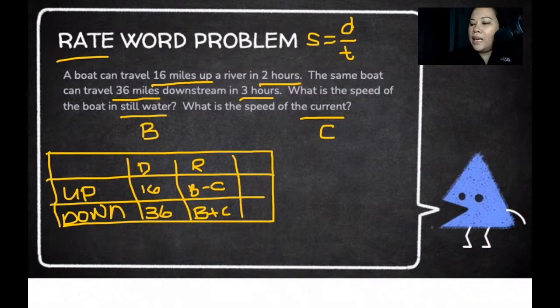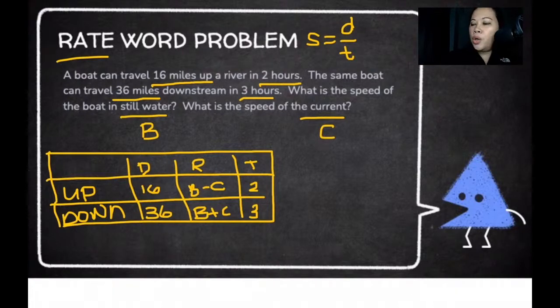Now, what is the time? The time for going up is 2 hours, and the time going down is 3 hours. So these are the values that we have. Do remember that if you go with the current, it will be the boat's speed plus the current speed, but if you are against it, then it will be b minus c.